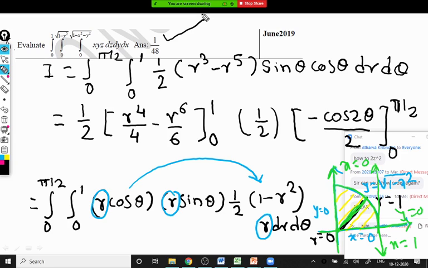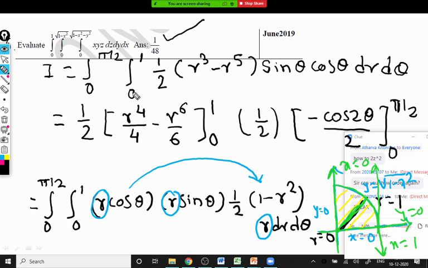Sir, but the last integration would be in terms of theta only, right? We have done r to the power 4 by 4. You can either use both integrations in one step, or, in this step, we did the integration of r as r to the 4. We can integrate at the same time. The reason is the limits are constant. When you integrate with r, it doesn't depend on theta. The limits of r are 0 to 1.